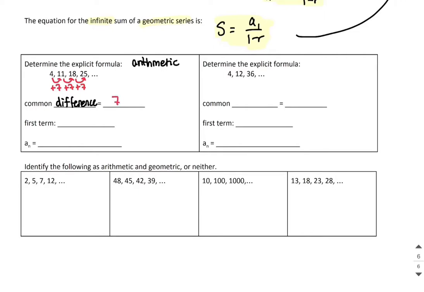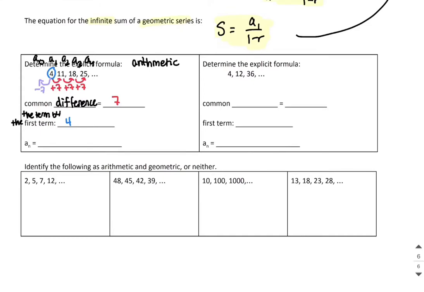I want to find the first term. I actually want to find the term before the first term. So the first term I know is given to me, it's 4. And to go backwards from that to find a sub 0, so this is a sub 1, a sub 2, a sub 3, a sub 4. I want to find a sub 0. And a sub 0, I know I would subtract 7, go backwards from 4.